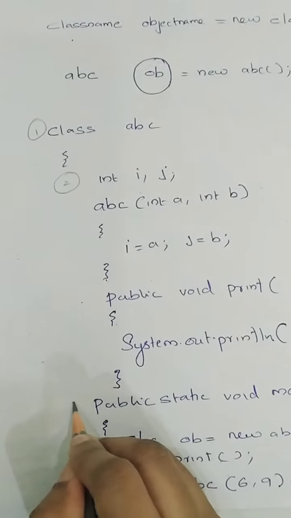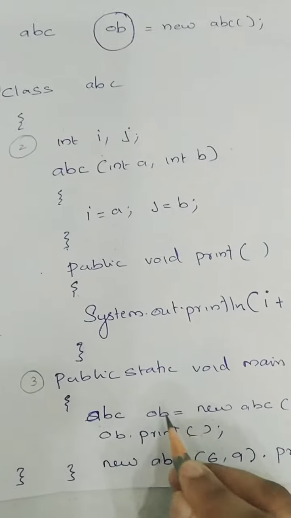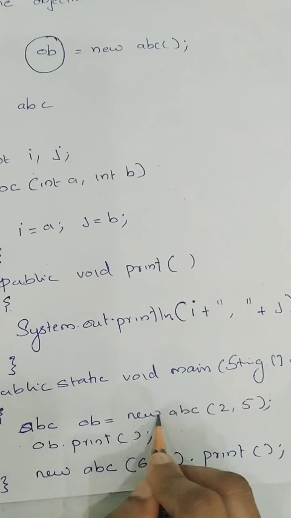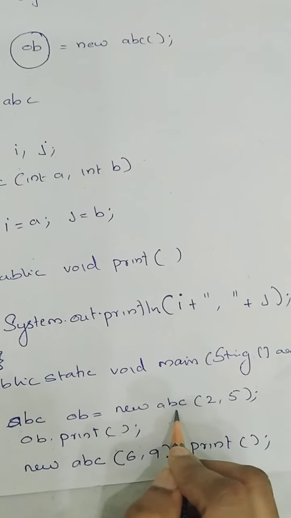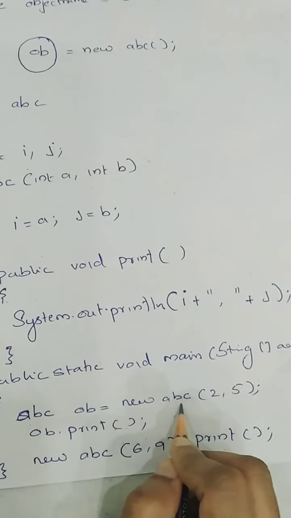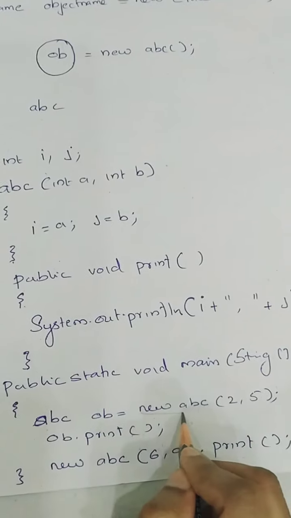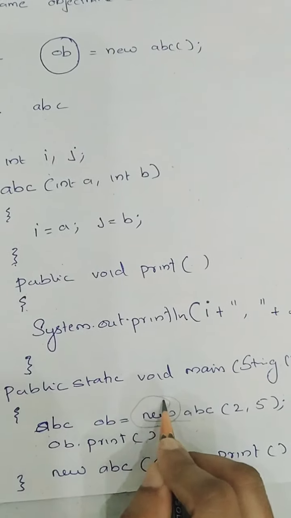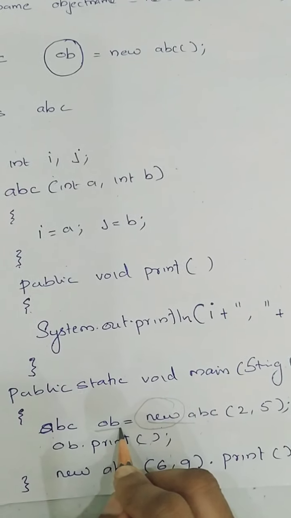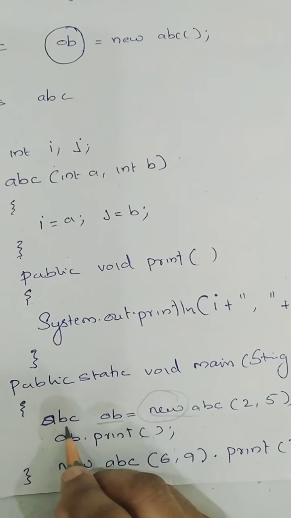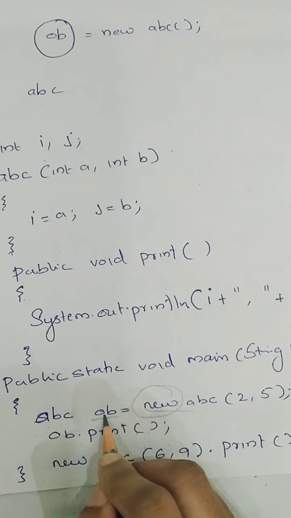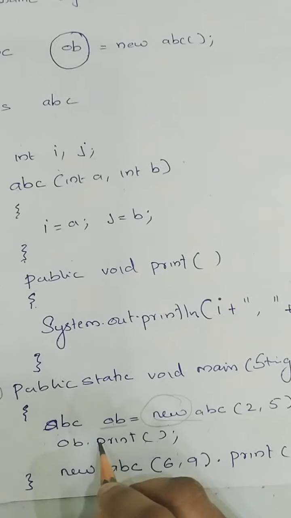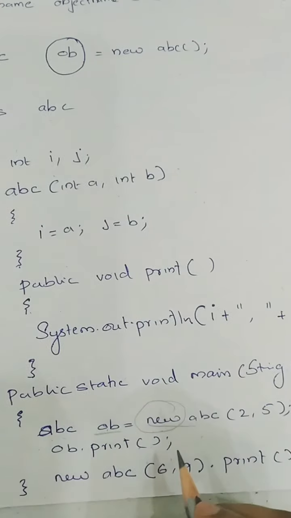Then there is an object creation. When the object is created, it will automatically invoke the constructor. This is a permanent object because you have created it with the new keyword and an object name. So this becomes permanent and it will always be in the memory. So you can use the object name whenever you want.